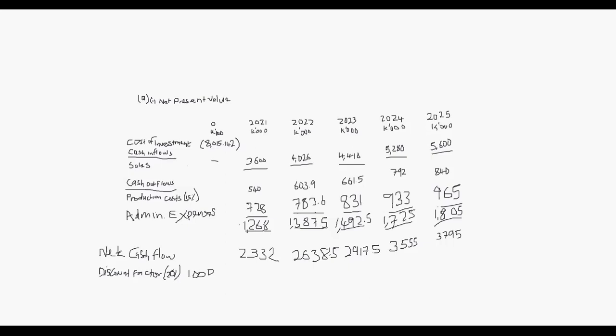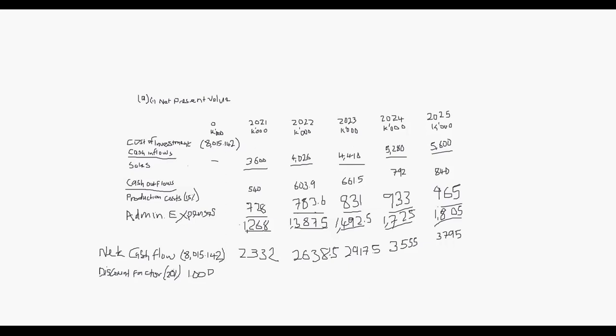We didn't bring down the total here for year 1. The total is 8,015,142, in brackets, this is a cost.